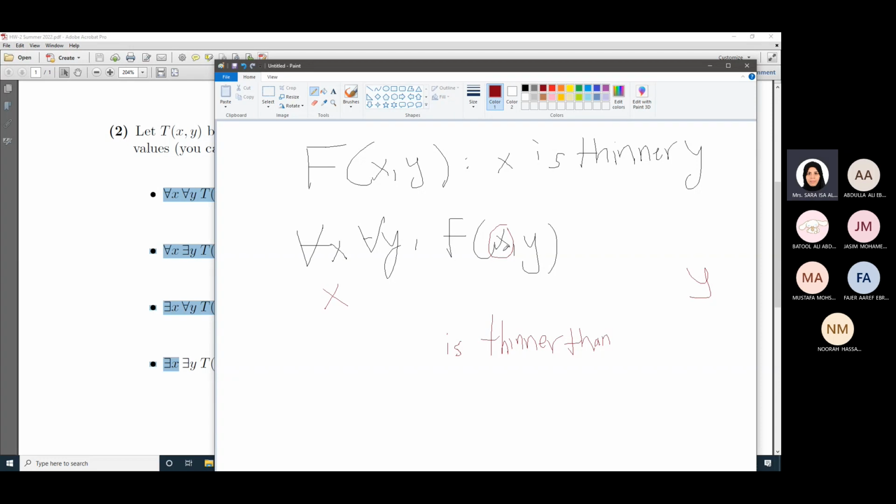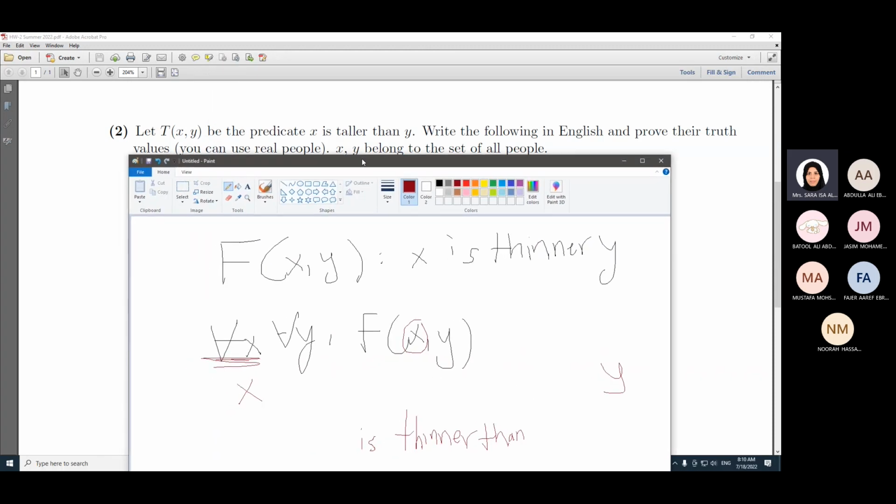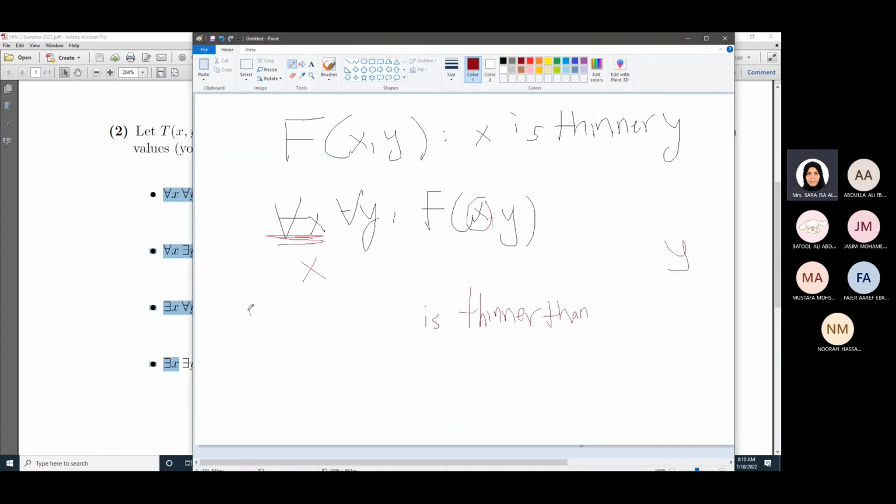What is X? X is a variable that comes with the quantifier for all, meaning all the elements in the domain are thinner than. What is my domain? The domain is all people. So here I will say all people are thinner than.